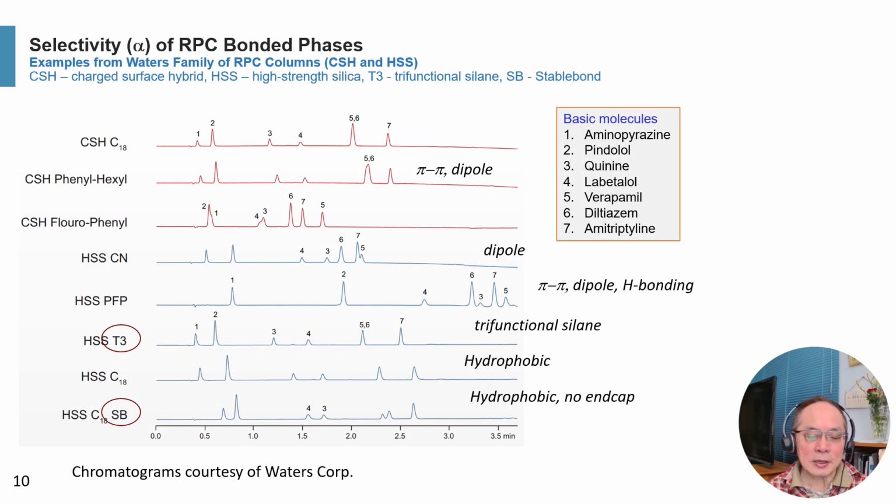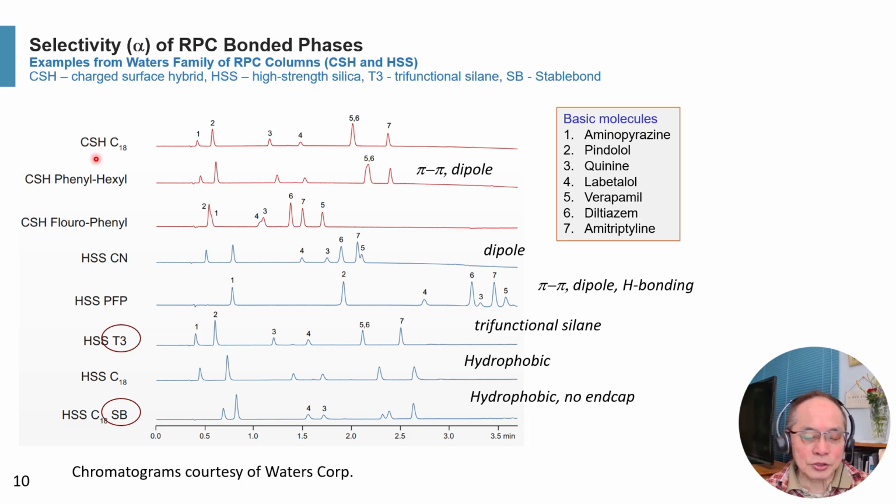Here is some illustration on selectivity differences of the family of Waters' different bonded phases. The nomenclature is kind of unique, and sometimes they might not disclose exactly what it means, so I try to help decipher some of this coding. The first one is called charge surface hybrid.